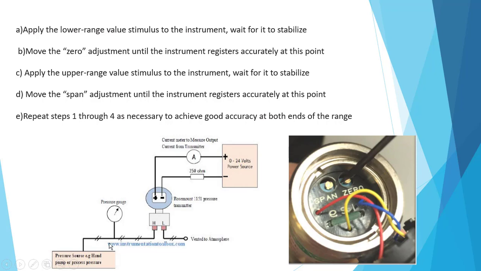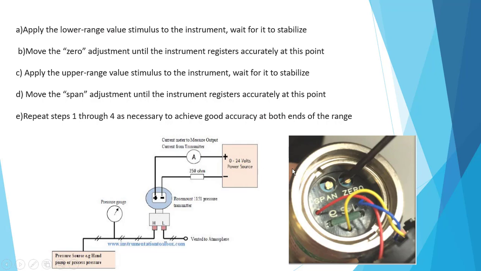You check first at 0%, which is 50 PSI. Then go to 25%, and you check the multimeter. Then go to 50%, check the multimeter. Then 75%, check the multimeter.